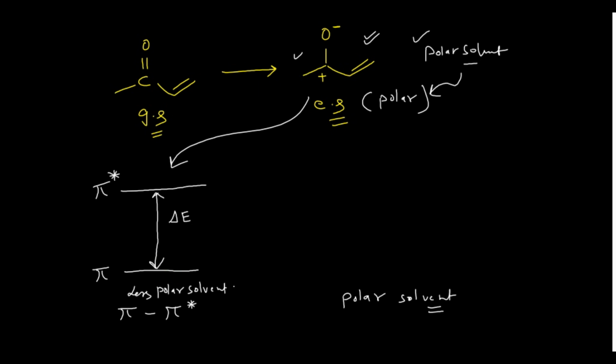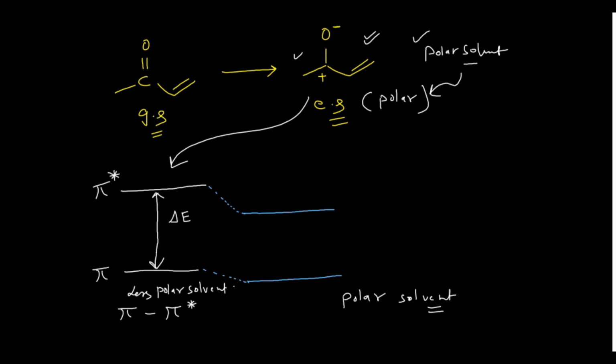See, this will come here, okay, and this will come here, right? So you see, this is the stabilization of the excited state, and this is the stabilization of the ground state. You can clearly see in the picture this decrease is more compared to this decrease, right?